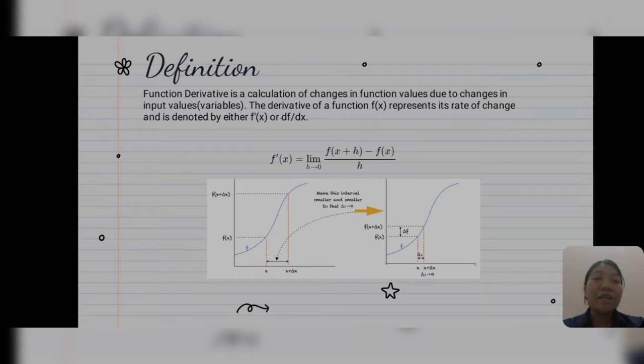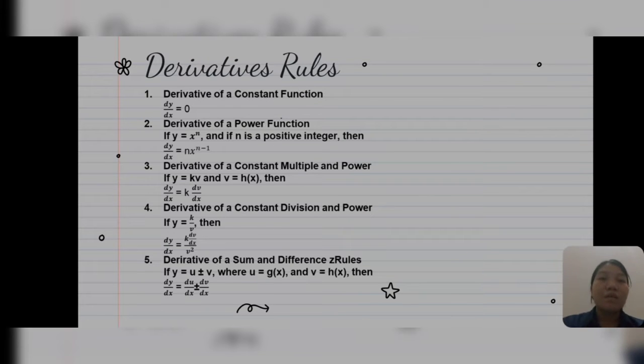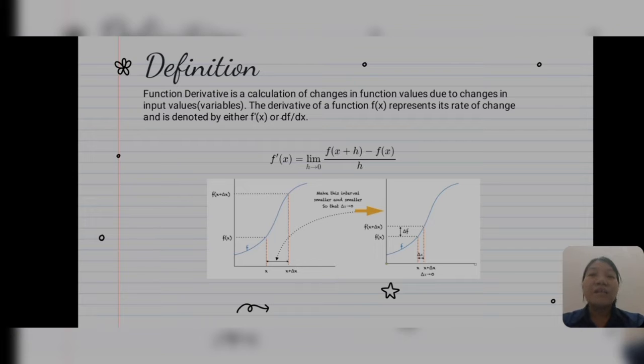Hence, we have the limit as delta x approaches 0, and here it's written as h approaches 0. The numerator, f(x + delta x) minus f(x), represents the corresponding change in the value of the function f over the interval delta x.